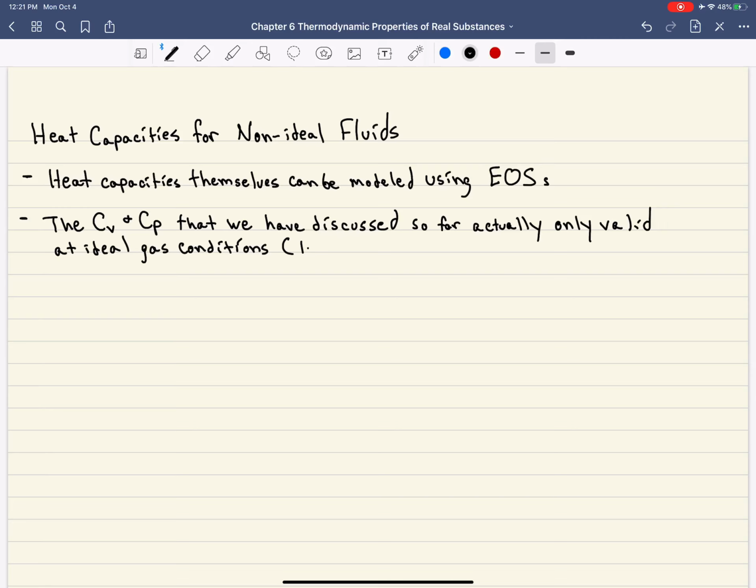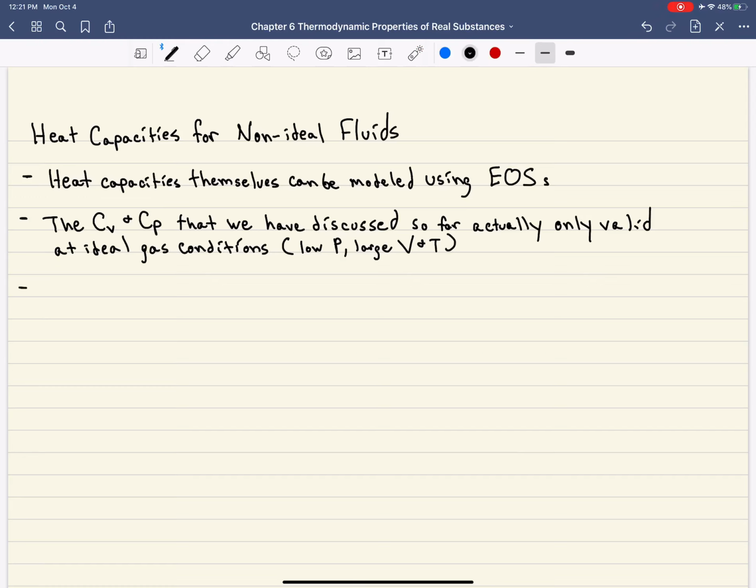All right, and so for ideal gas conditions, that means that your system is at low pressure or at very large volume and temperature. Okay? All right, and so the CV and the CP that we talked about previously are only valid at those conditions. And if you're not at those conditions, then your heat capacities actually have different values. Right?